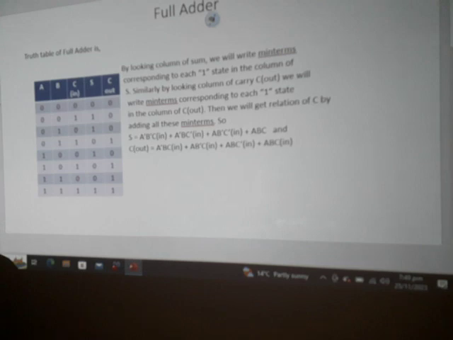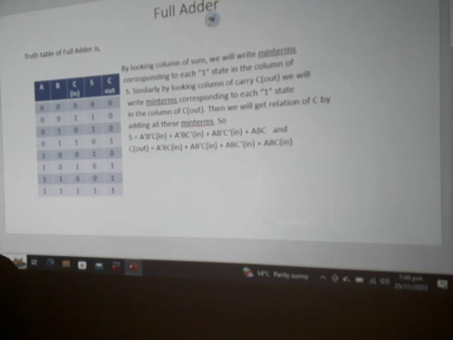Similarly, in the second row, we have sum 1, corresponding minterm will be A dash, B dash, C in. Similarly, in the third row we have 1, so the corresponding minterm will be A dash, B, C in dash. In this way, all the minterms are determined, and then by adding all these minterms, we will get the relation of the sum.